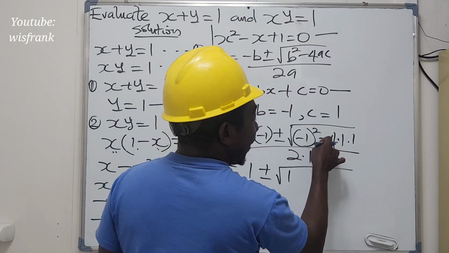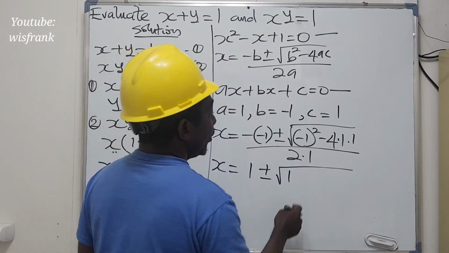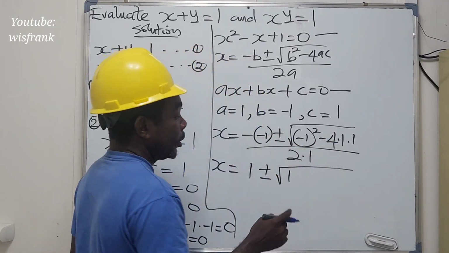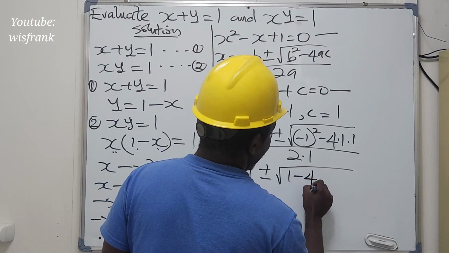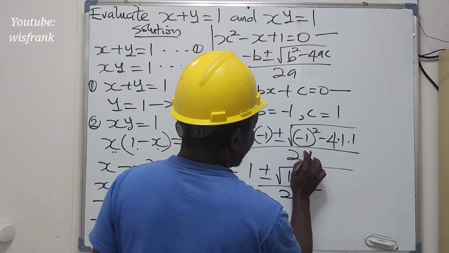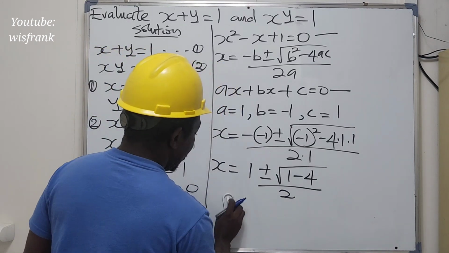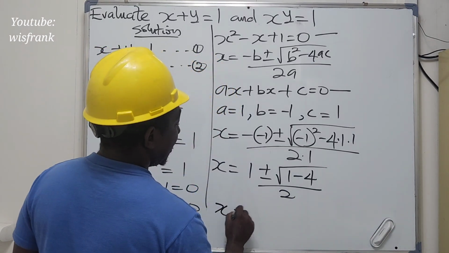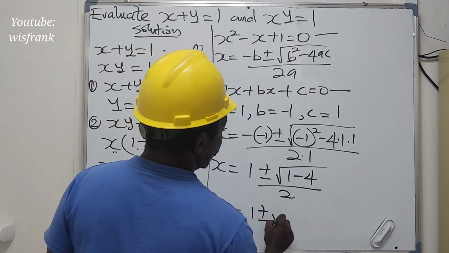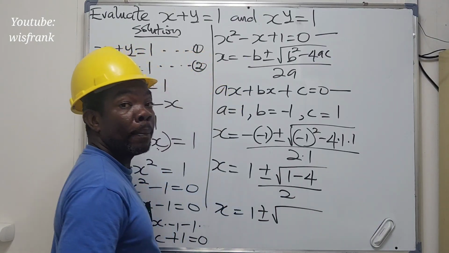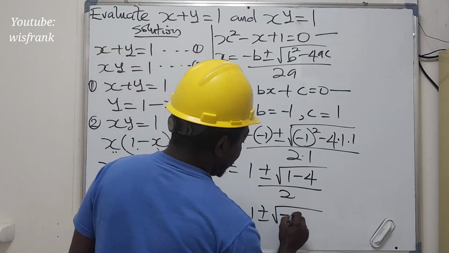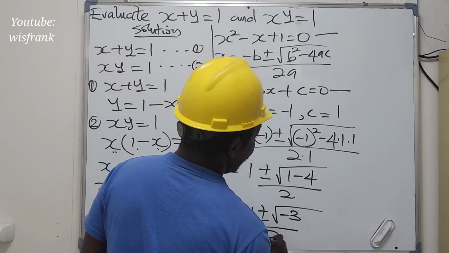Then we have minus 4 times 1 times 1 will give us minus 4, all over 2. 2 times 1 is 2. So in this case, we have the value of x as 1 plus or minus square root of 1 minus 4, which is minus 3, all over 2.